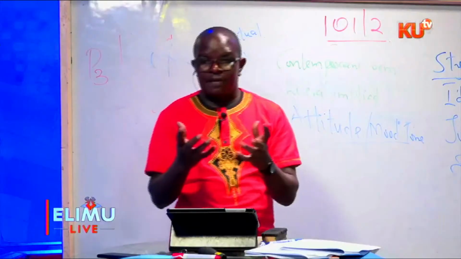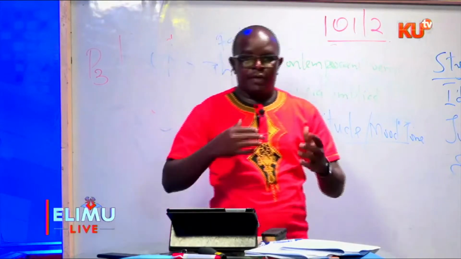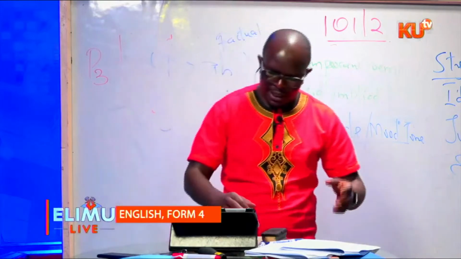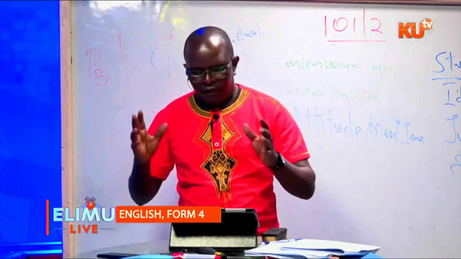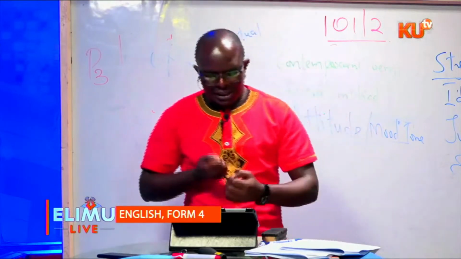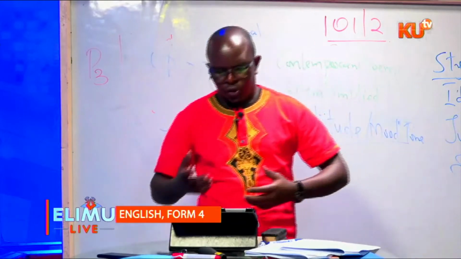Attitude is simply the feeling. Remember, we said that mood is the atmosphere. The tone is the manner of speech. The choice of words that are used there is determined by the subject. Then you have the attitude, the feeling towards something. What is the poet's feeling towards corruption? Okay, the choice of words.